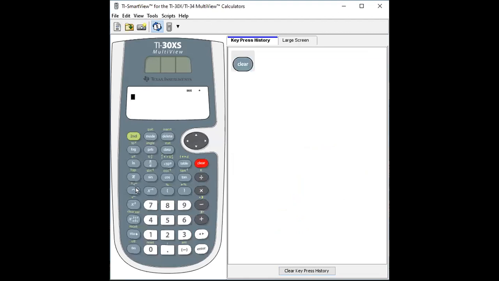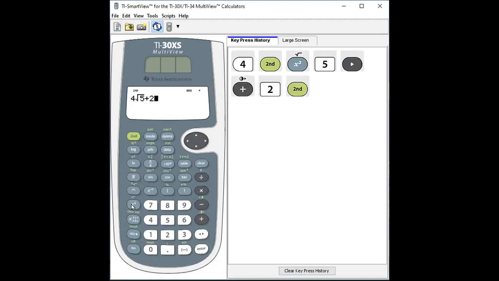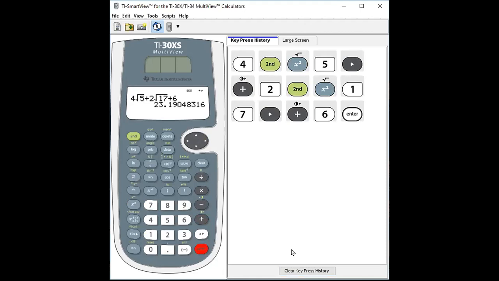Enter. So the perimeter of that is 23.19. And that is an estimate, because those things don't come out exact.